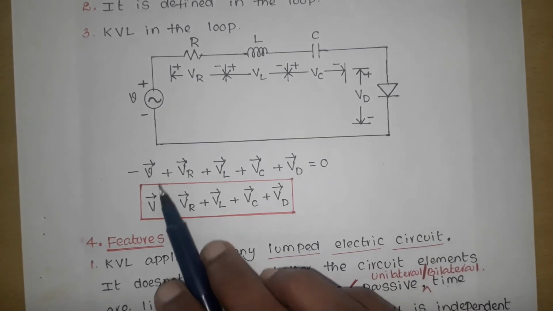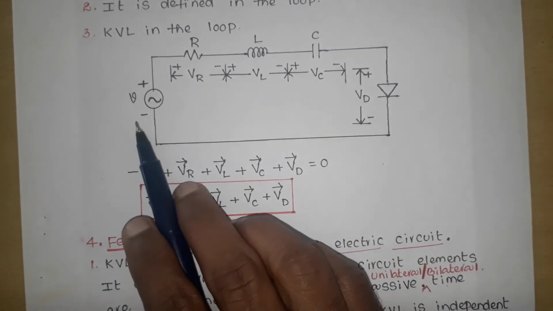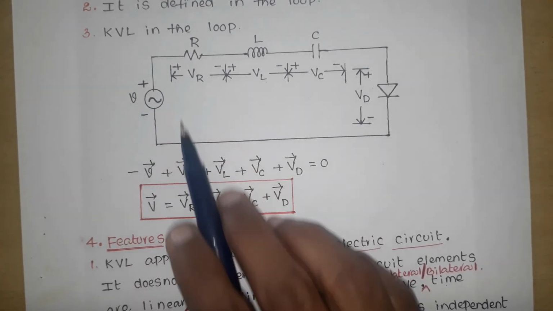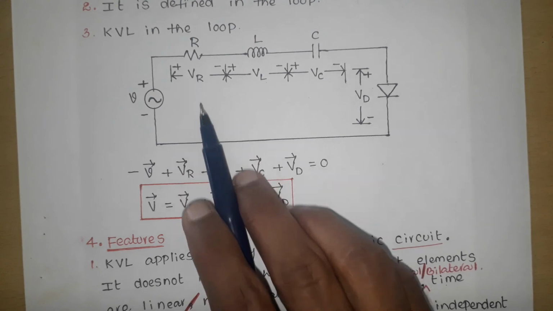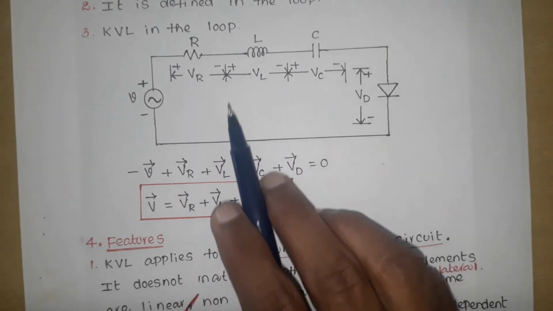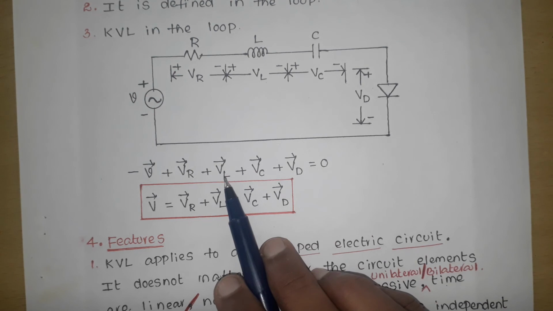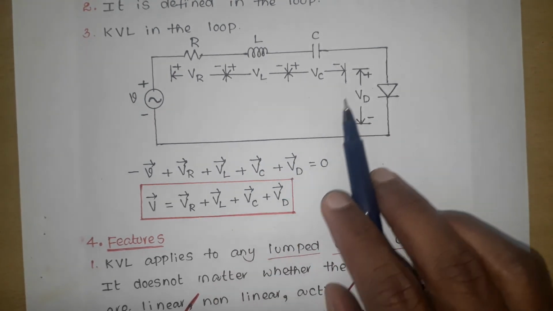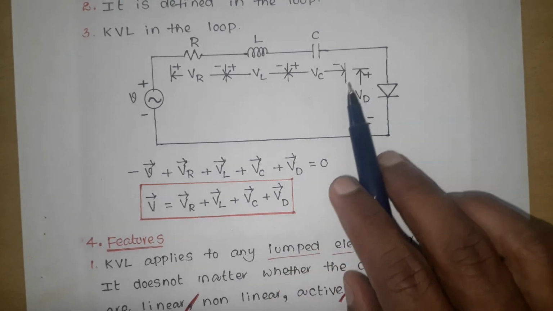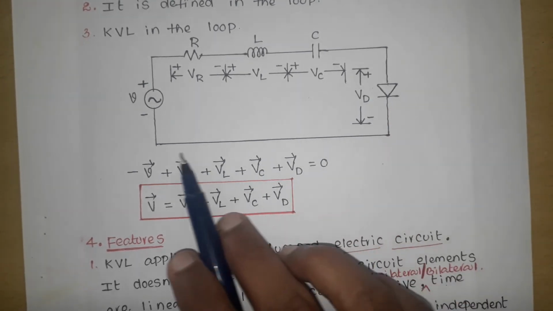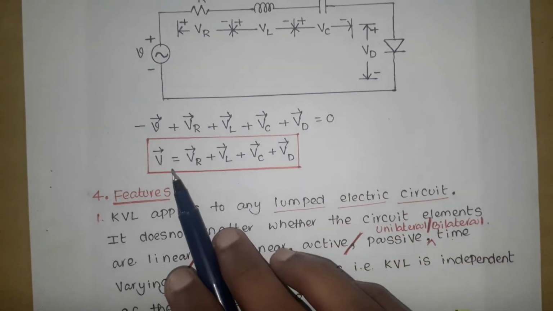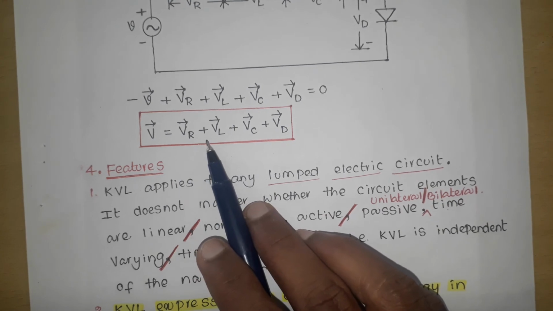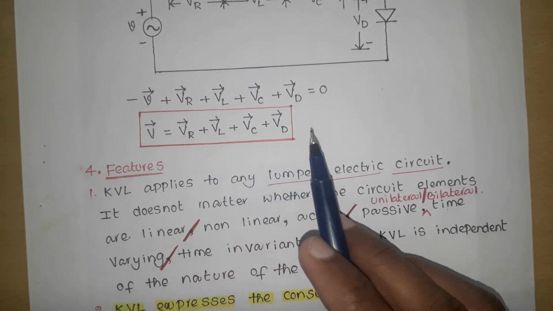If we apply KVL for the loop, we come across a negative sign, minus, for the source voltage V, then positive signs, plus VR, plus VL, plus VC, plus VD, and that algebraic sum is equal to 0. Rewriting, V equals VR plus VL plus VC plus VD.